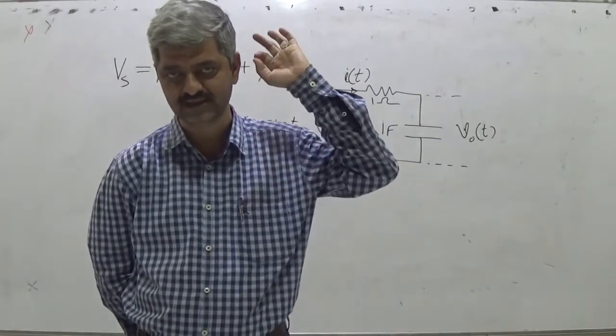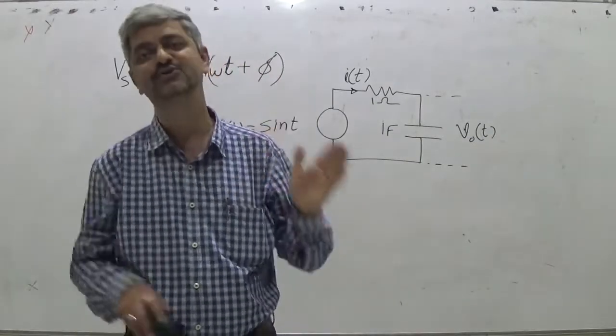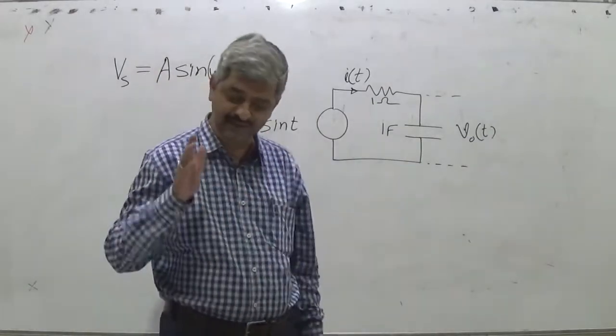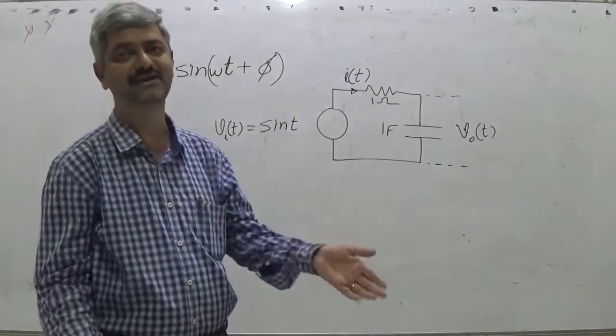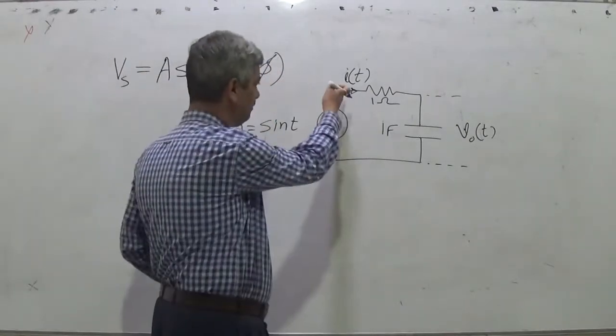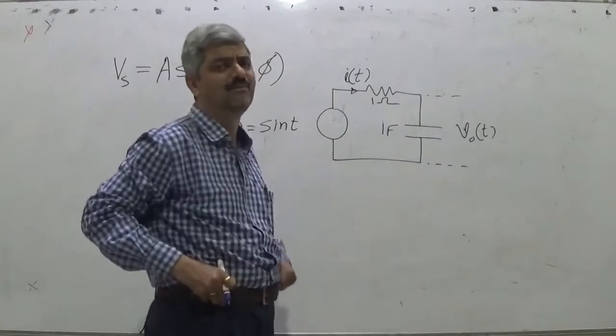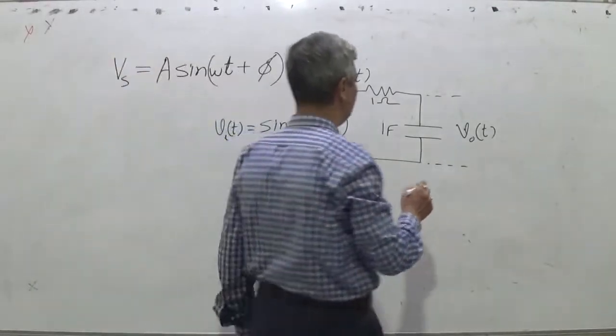The current in every branch and the voltage between any 2 points is sinusoidal. So you can definitely assume one, and then you can find the other. Once you find one, the other is automatic. So let us assume Vout.